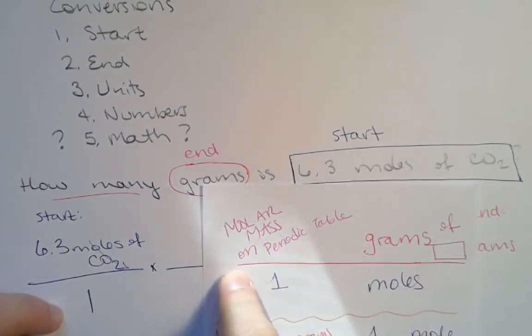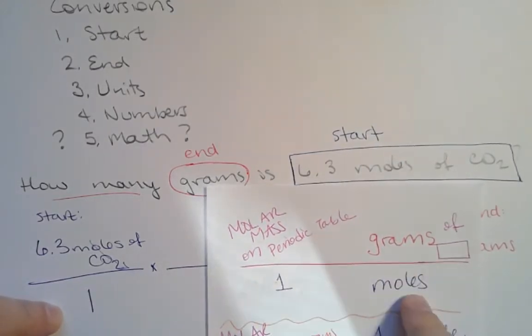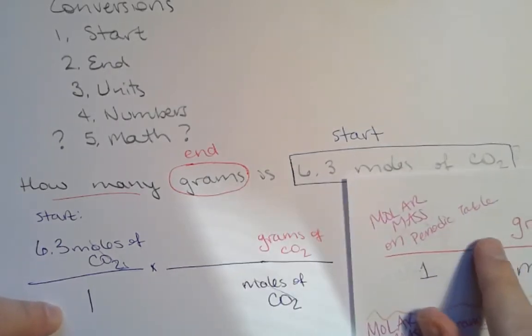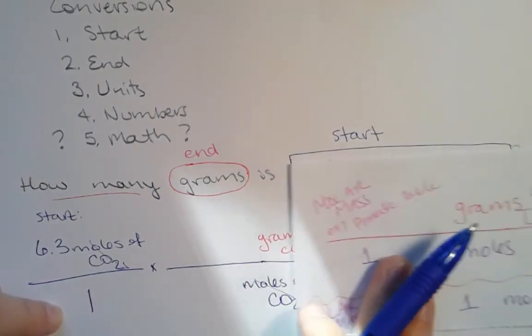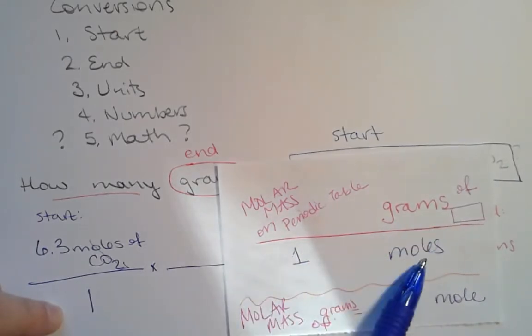Pull the molar mass from the periodic table. It will be that many grams of a particular thing for every 1 mole of that thing. Some of these numbers we can copy into our conversion factor already, because we know that whatever our molar mass is, it's going to be that many grams of the compound for every 1 mole.